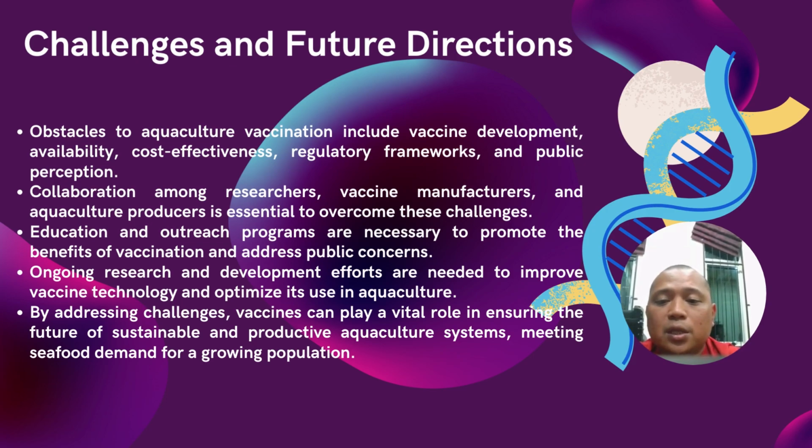Involving stakeholders, including the aquaculture producers, regulators, and consumers, can assist in creating a greater understanding of the vaccine's role in disease control and sustainable aquaculture operation. Communication efforts stressing vaccine safety, efficiency, and environmental advantages can assist stakeholders to gain trust and acceptance.